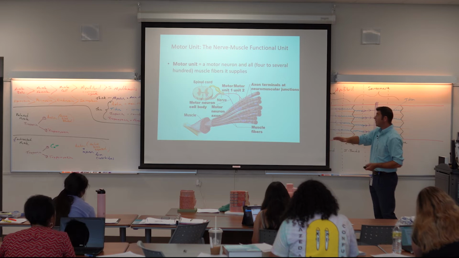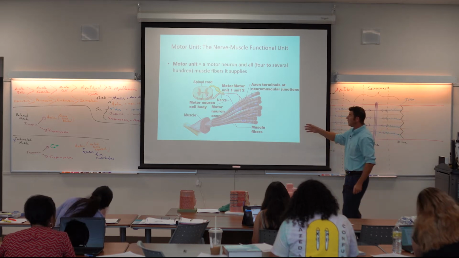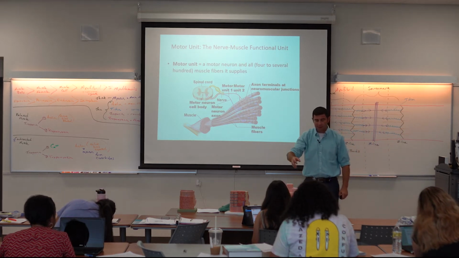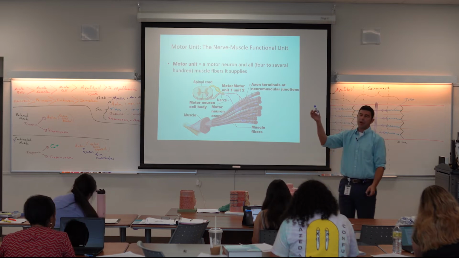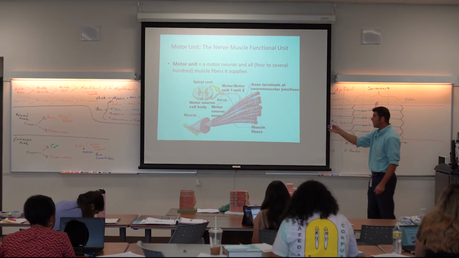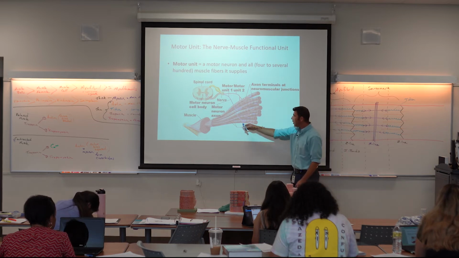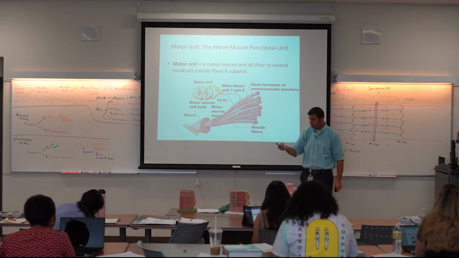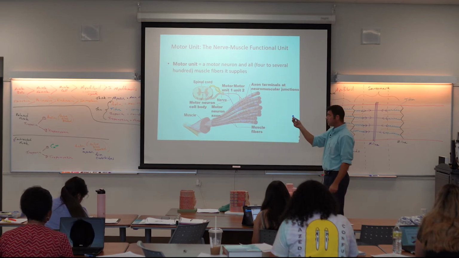If you are lifting things, like if I'm just lifting this marker, I don't need to use all of my muscle fibers to lift this. It's not very heavy. So maybe motor unit number 1 with just those 2 muscle fibers is strong enough of a contraction for me to lift this marker up.